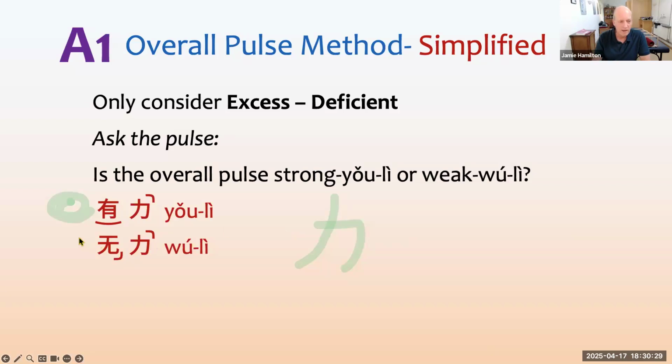So Wu Li, Wu means not having, so Wu Li means no power or forceless. So this is asking the pulse, hey pulse, is it forceful or is it forceless? Or is it somewhere in the middle? Ideally it's somewhere between forceless and forceful. That's the ideal thing, to be in the middle.